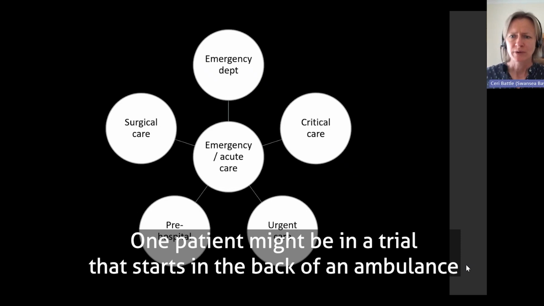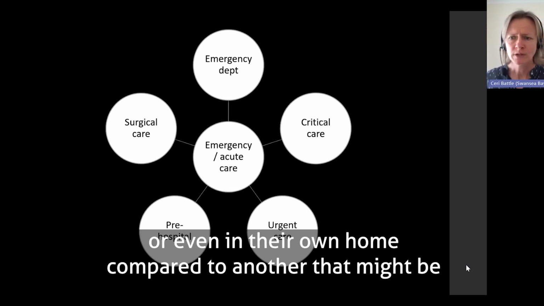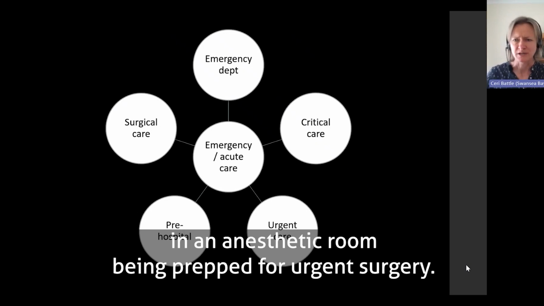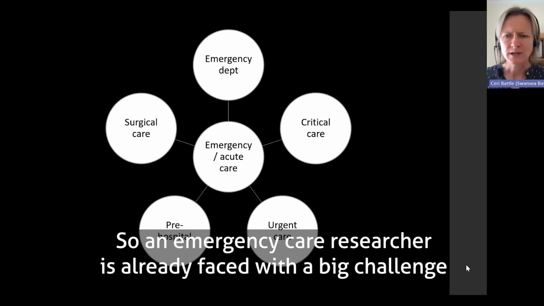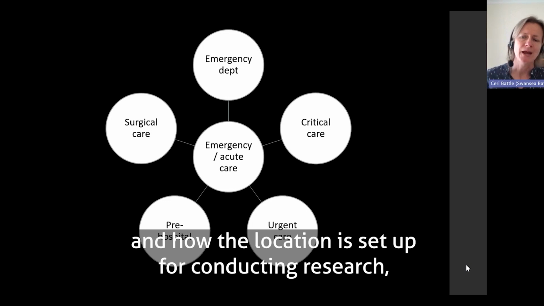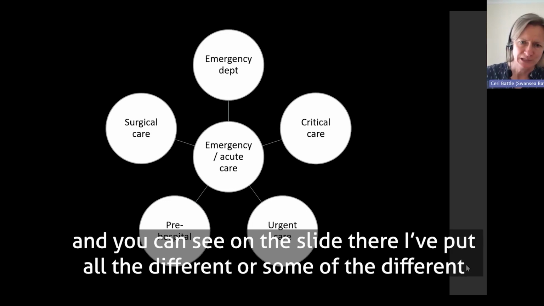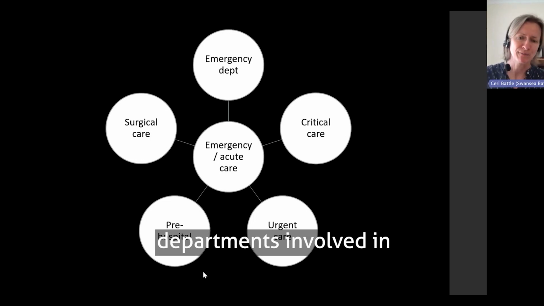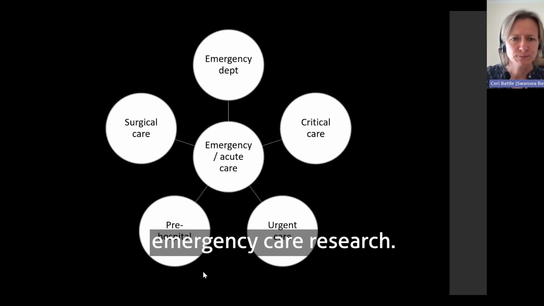One patient might be in a trial that starts in the back of an ambulance or even in their own home, compared to another who might be in an anaesthetic room being prepped for urgent surgery. So an emergency care researcher is already faced with a big challenge just in terms of the location of the patient and how the location is set up for conducting research. And you can see on the slide some of the different departments involved in emergency care research.